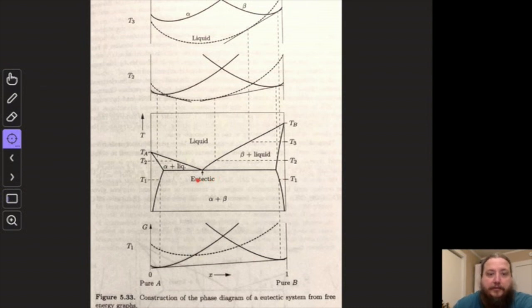And the alpha crystals will have purity way over here, and the beta crystals will have purity way over here. There's always a little bit of impurity because, again, as we saw, just the first time you add a molecule of impurity to an otherwise pure system, the entropy increases. So there's always a little bit of impurity.